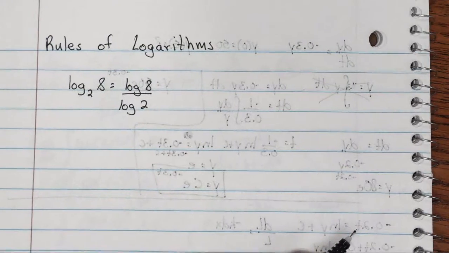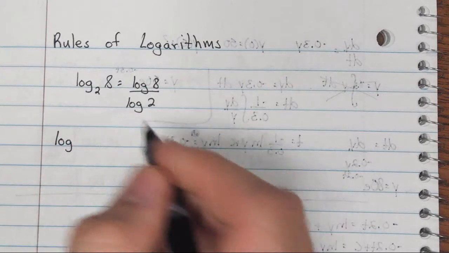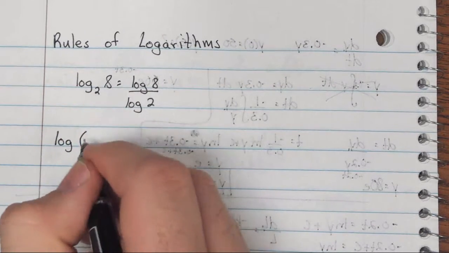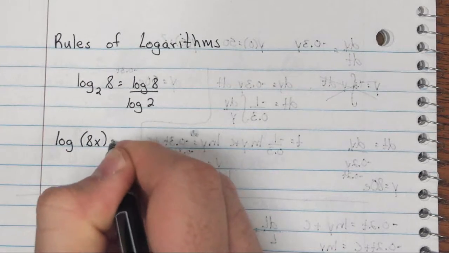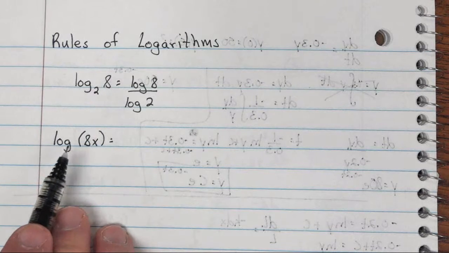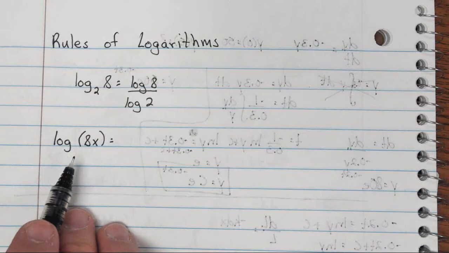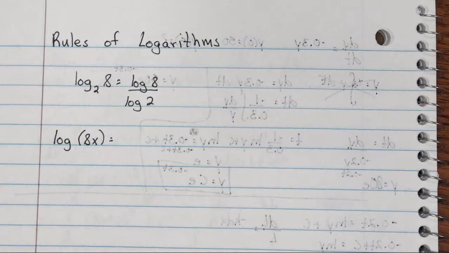Now your three basic rules of logarithms. Rule number 1, we call it the product rule. If you ever have the logarithm of two things that are being multiplied, and I do this with log base 10, but this works with log base e, log base 5, log base 7, it doesn't really matter. The log of two things being multiplied, you can split this, and that's what all these rules are about.